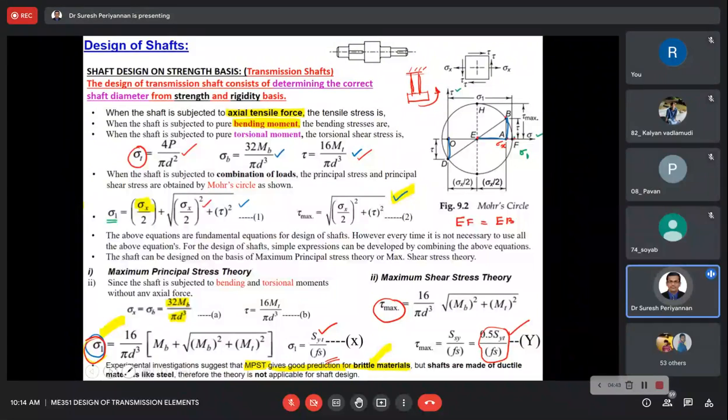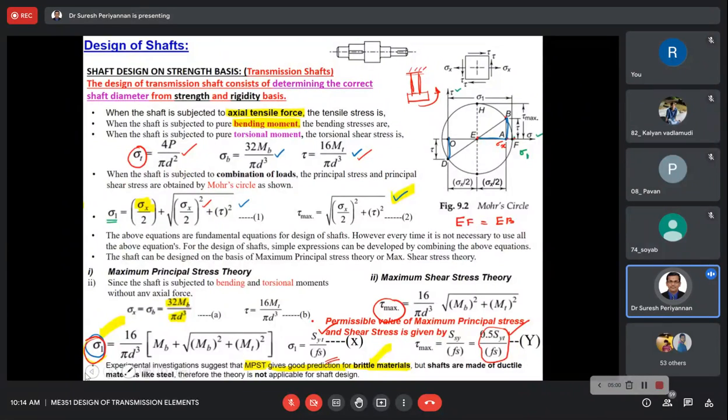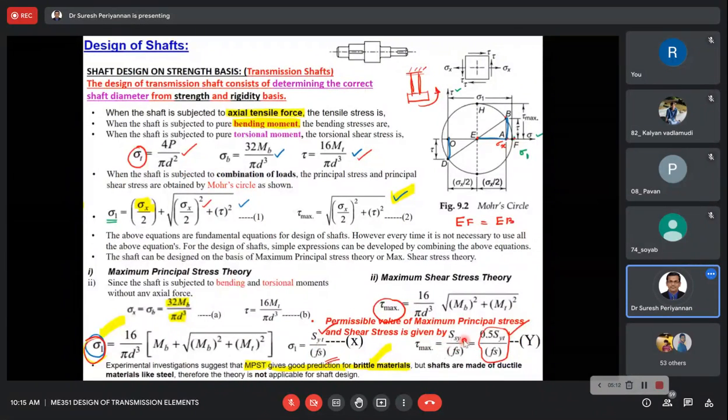Here sigma 1 is related to material properties. We can't use sigma 1 directly; we have to use it for the safe limit. For the safe limit, we use yield strength divided by factor of safety, which gives the permissible stress limit. Similarly, for tau max, I use shear yield strength divided by FOS, factor of safety.